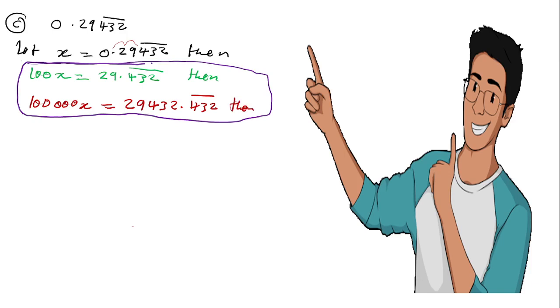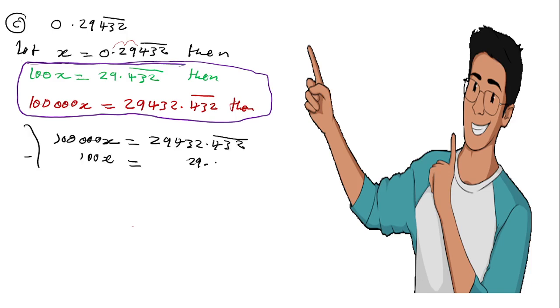So we are going to say 100,000x is equal to 29,432.432 bar, minus 100x is equal to 29.432 bar. Then you subtract these 2.